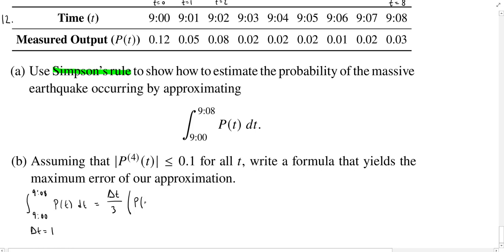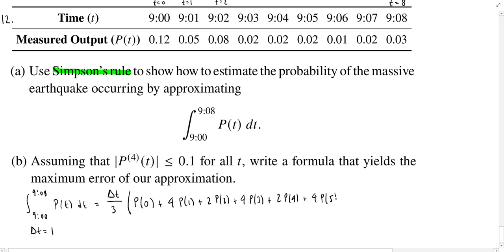So we'll just take p of 0, and then we have to start this game, right, of alternating weightings, 4, 2, 4, 2, etc. So 4 times p of 1, 2 times p of 2. All right, and we're going to keep going. 4 times p of 3, 2 times p of 4. Of course, if you wanted to just dot, dot, dot this, that would be fine.